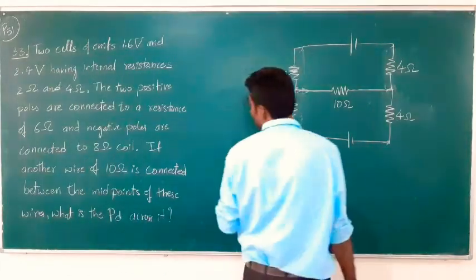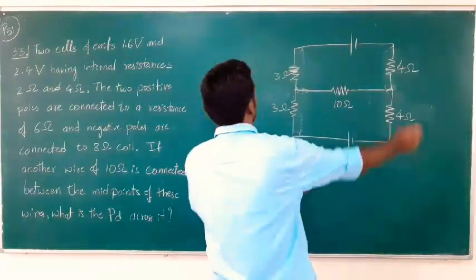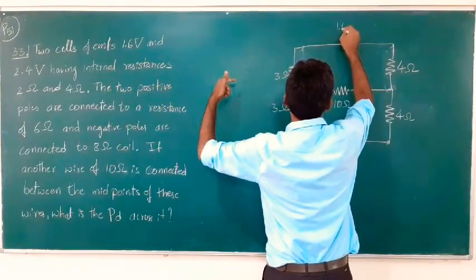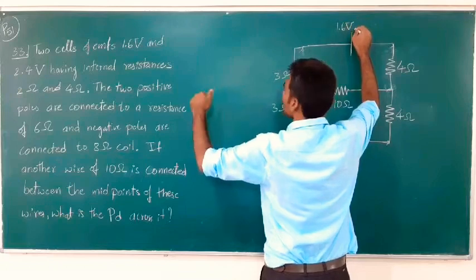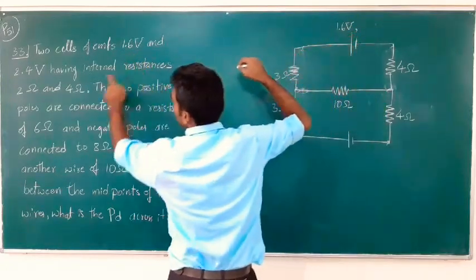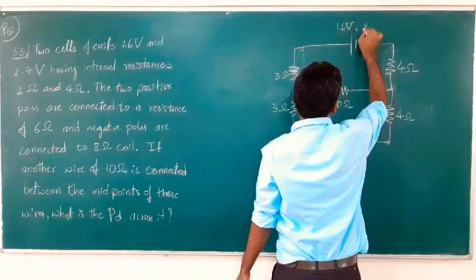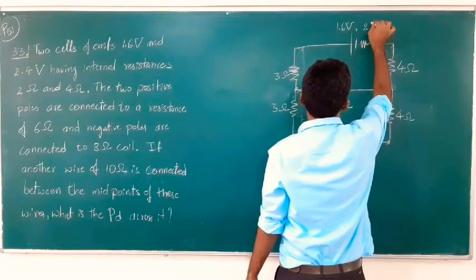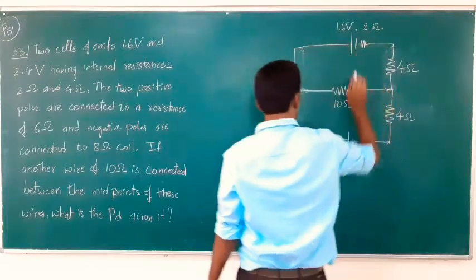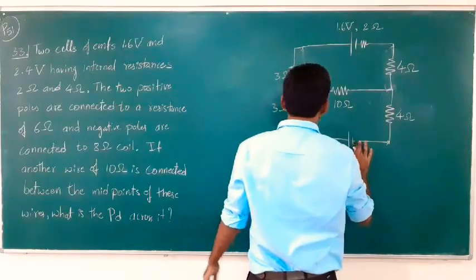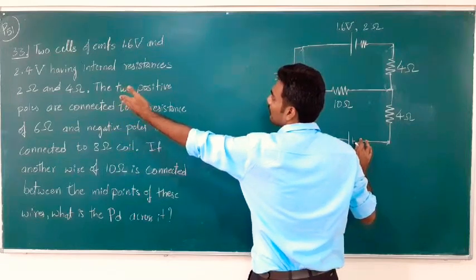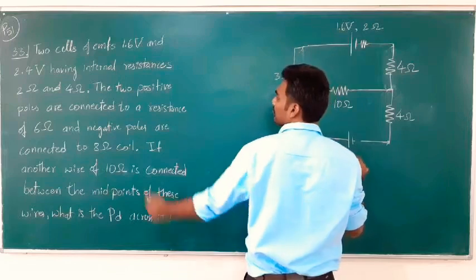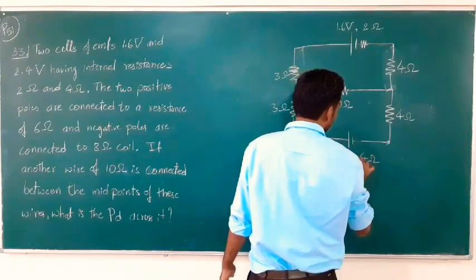The circuit is not completed, okay, because so many other factors have to be written. EMF of the first cell is 1.6 volt. Internal resistance of the same cell is 2 ohm. Okay, I'll put a simple resistor here to represent this 10 ohm resistor, and here the EMF of the second cell is 2.4 volt and internal resistance of this is 4 ohm.